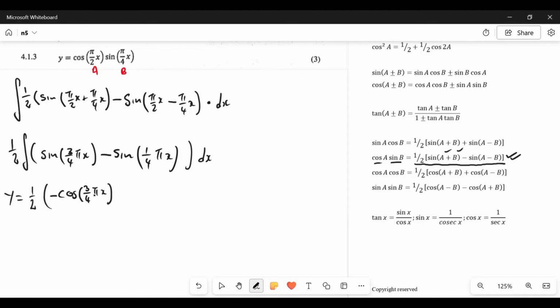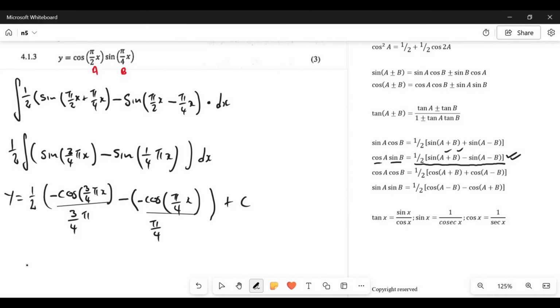But then we need to divide by the coefficient of x there, which is 3 over 4 pi. Minus. Now, what is the integral of sine? Remember, the integral of sine is negative cos. We have to write the angles there. We have pi over 4 x. There we go. Close bracket. And then we have to divide by the coefficient there, which is going to be pi over 4. Then close bracket plus c.